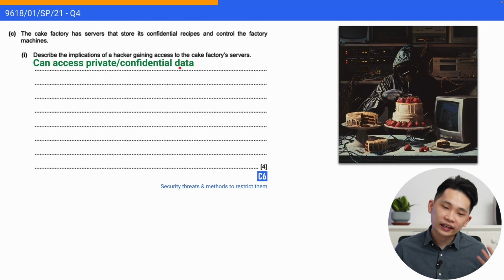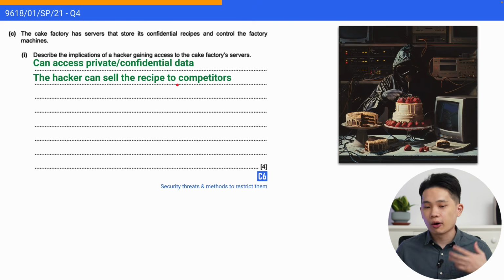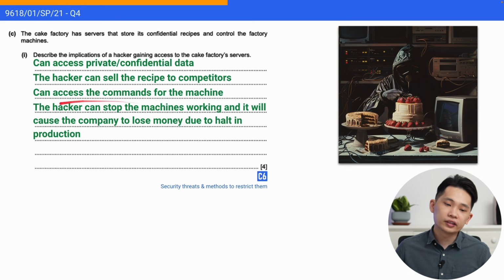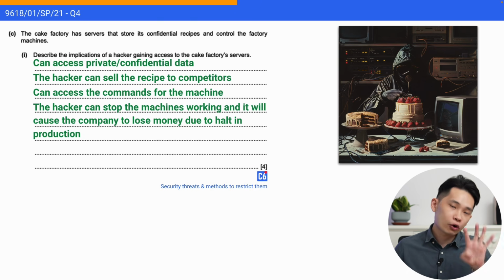And once this hacker accesses all this data, he can then sell the recipe to competitors. At the same time, the hacker can access the commands for the machine. And finally, the hacker can stop the machines working, and it will cause the company to lose money due to a halt in production. So this is how you could score 4 marks here. As long as you have 4 main points, you should be able to score full marks here.